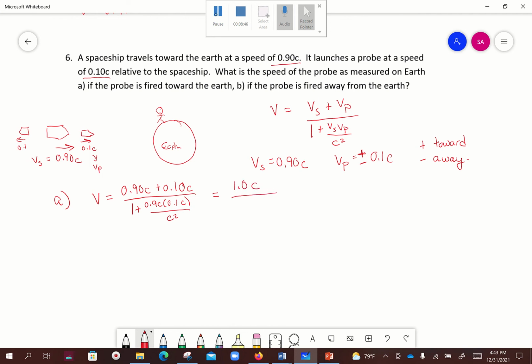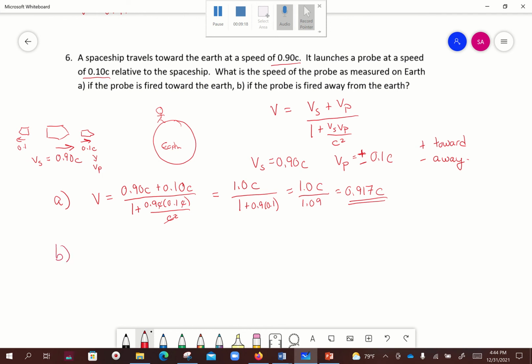The bottom, I've got a c squared there and a c squared there, so the two c's on top and in the bottom cancel out. So I just get 1 plus 0.9 times 0.1. So I get 1.0 c over 1.09, and I get 0.917 c. So 1 over 1.09 is 0.917.